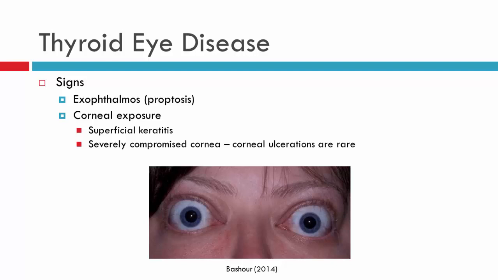We can see the patient below here has significant proptosis, has that upper lid retraction, and has that look of staring at you because of those two signs, the exophthalmos and that lid retraction. These patients, as I just said, they're at risk of corneal exposure, and we'll talk about managing this a little bit later. But their cornea can be compromised by thyroid eye disease.